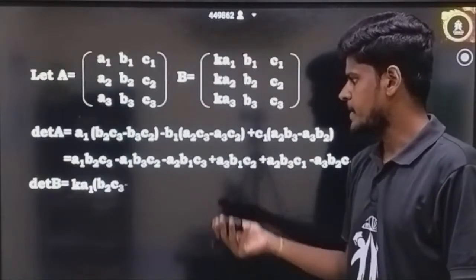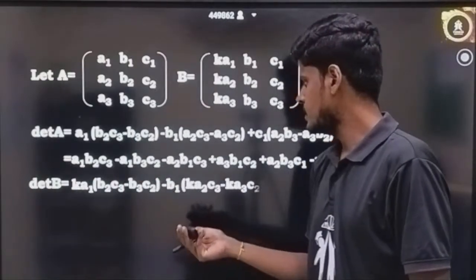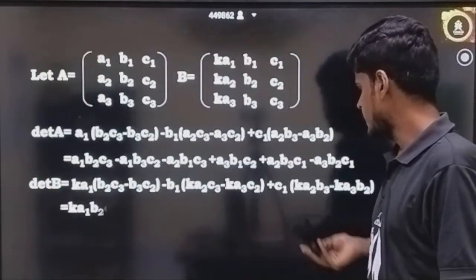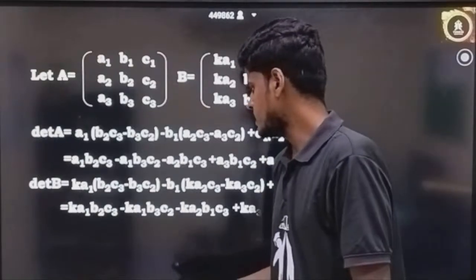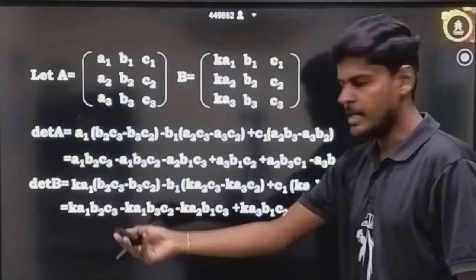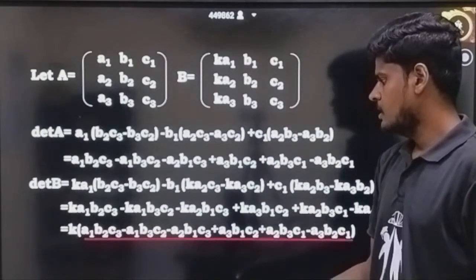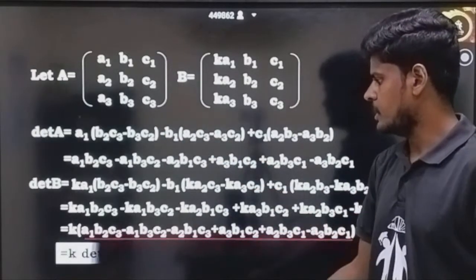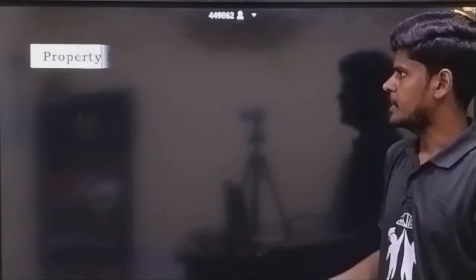Determinant B expansion is KA1 into this, minus B1 into, plus C1 into. So for the final answer, we are multiplying each term by K. We can take K common outside. This value is nothing but determinant A. So this is the proof for the property.